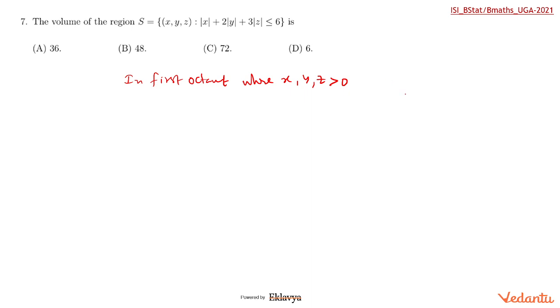Here we can see that x plus 2y plus 3z is less than or equal to 6. This boundary is a plane. We can draw that, assuming this to be the x-axis positive, and y and z. The intercepts of the plane, we can express it in intercept form also.